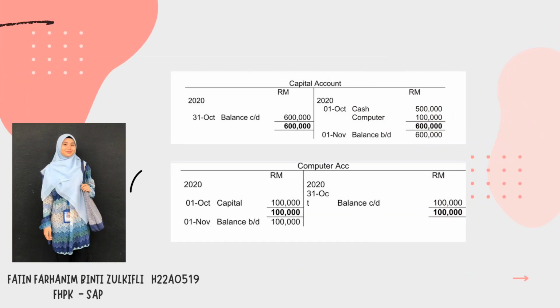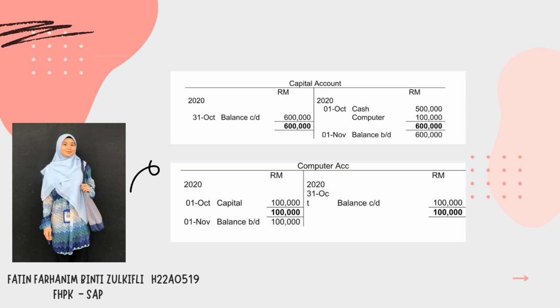After we finish the journal, we can begin to make a ledger regarding the journal. Every time we record a transaction, we will debit one account and credit another account. For example, we record the computer account in the capital account at credit because capital, liability and revenue are credits in nature.